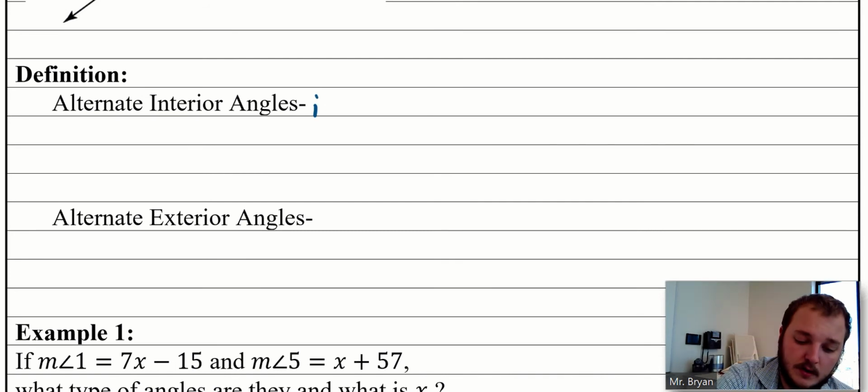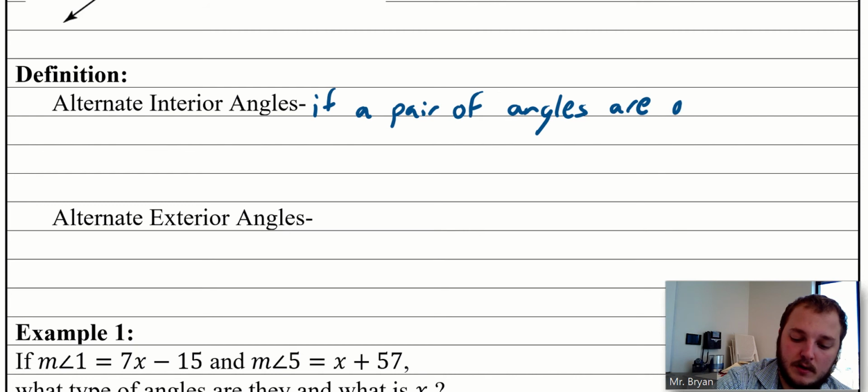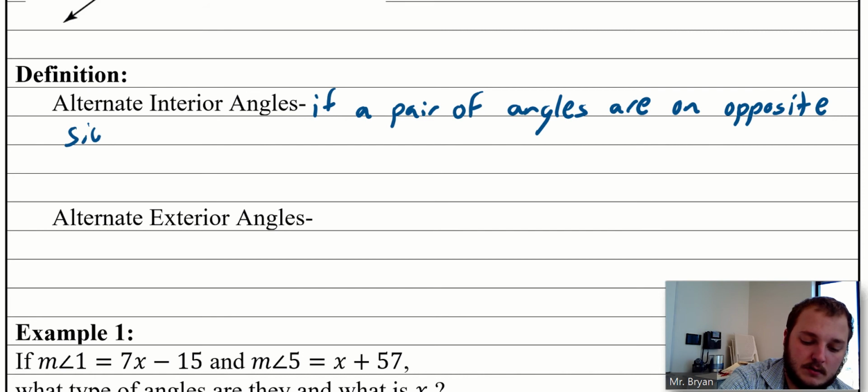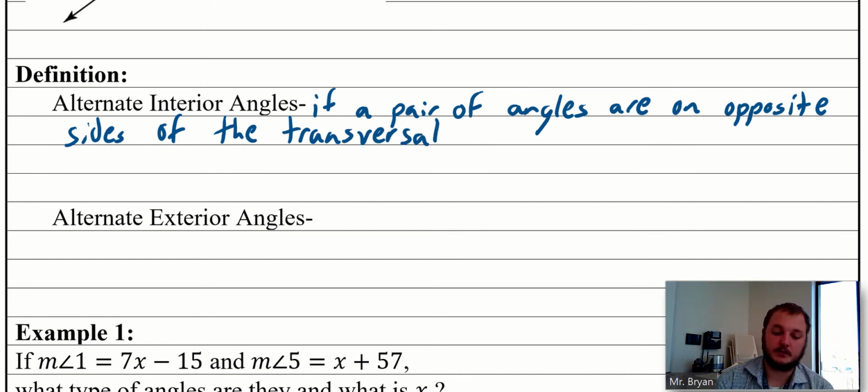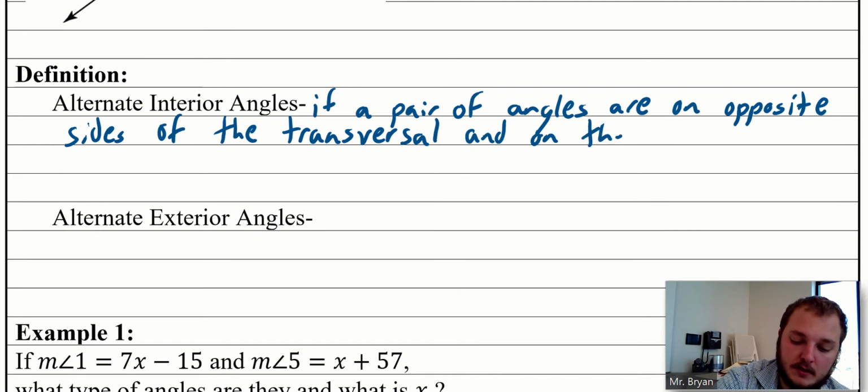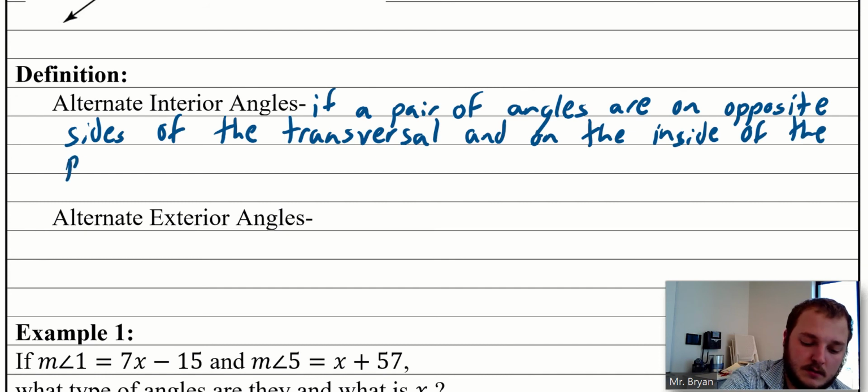We could say if a pair of angles are on opposite sides of the transversal and on the inside of the parallel lines, then, so you just have to write all that.